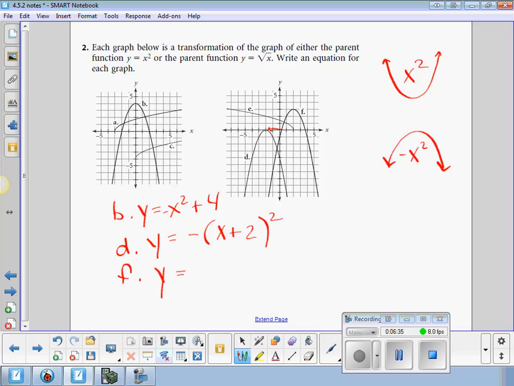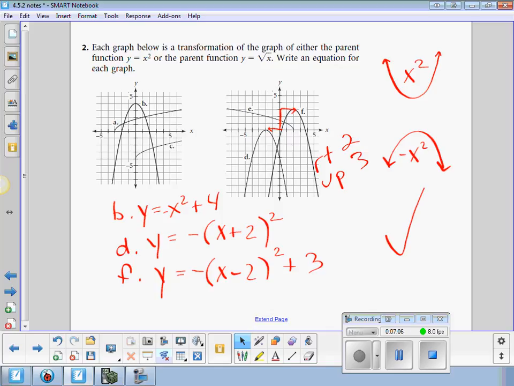Up 3 and right 2. So how do you do that? It's a negative parabola. Right 2, up 3. Minus 2, plus 3. Done. Okay?